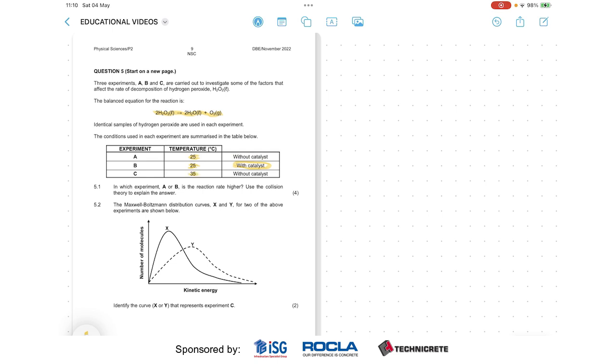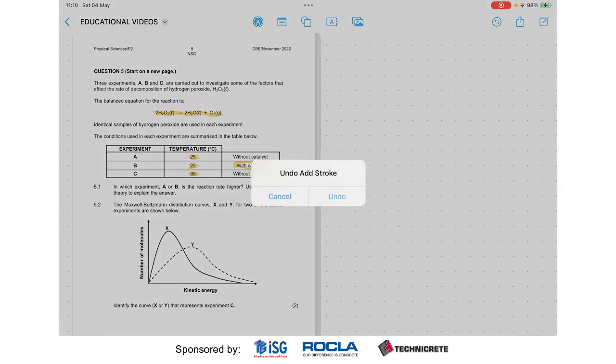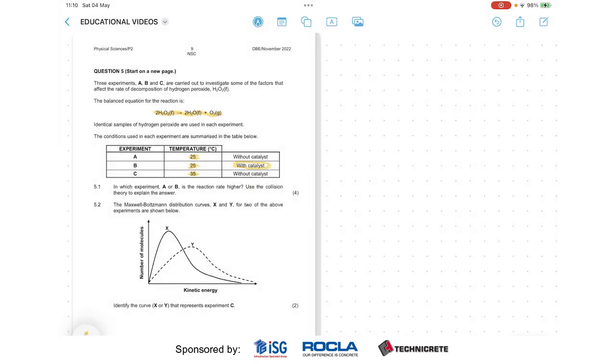We have experiment C at 35 without catalyst. Okay. So just some general information in the preamble of the question, no problem. Okay, so the balanced equation is given, identical samples of hydrogen peroxide were used, the conditions of each are given.